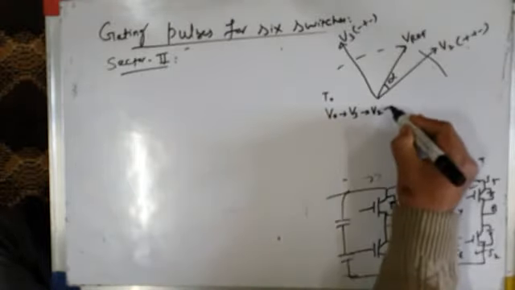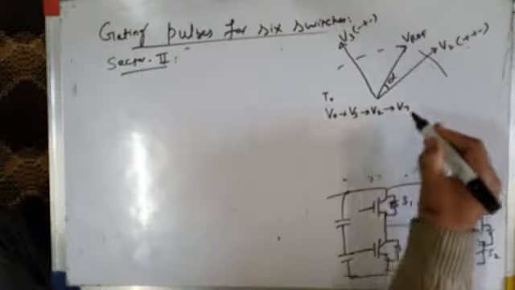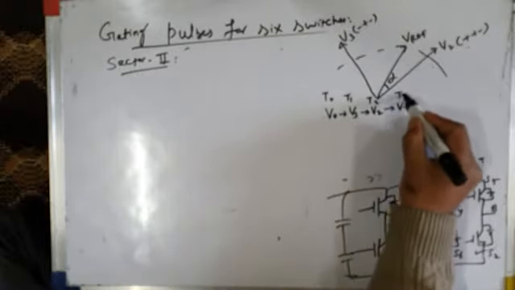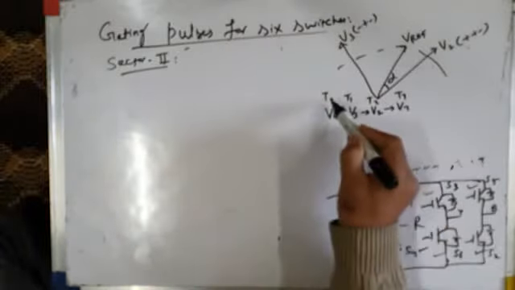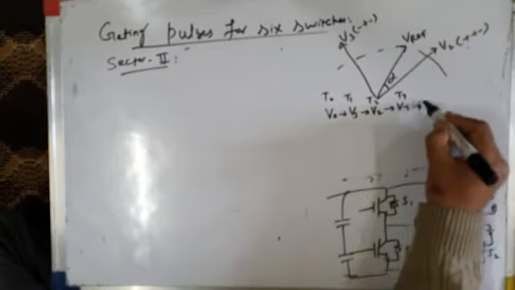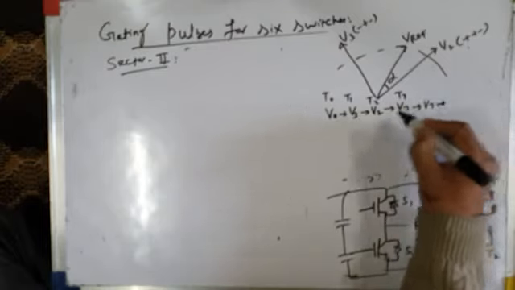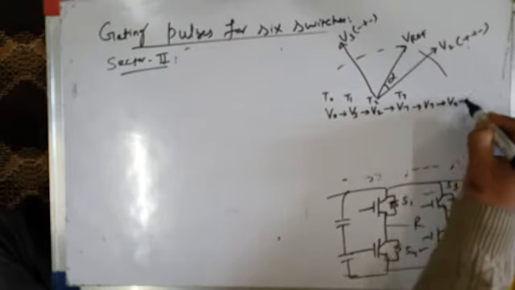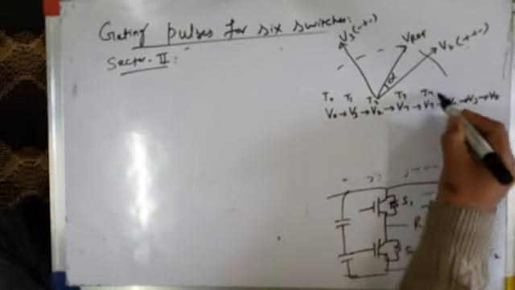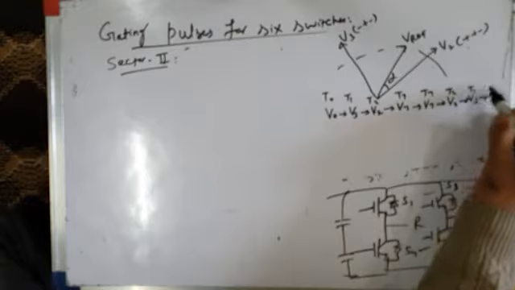Then you apply voltage space vector V7. This is for time interval T1, this is time interval T2, this is for time interval T7. T0 and T7 are Tz by 2 each. This completes one subcycle. Then another subcycle will be just opposite: V7, V2, V3 and V0. This is for T7, this is T2, this is T1, this is T0.